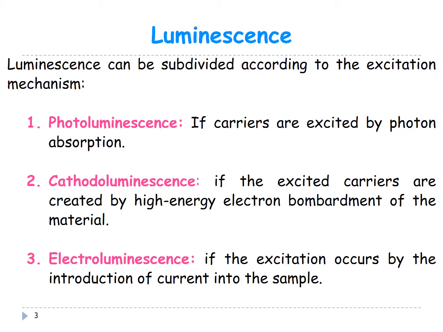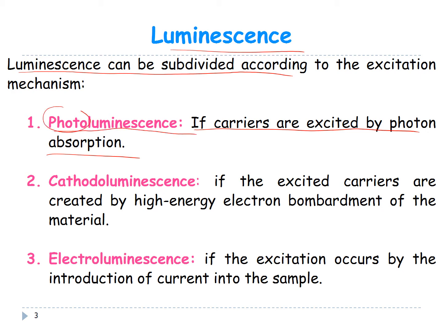Now, luminescence can be subdivided according to the excitation mechanism. If carriers are excited by photon absorption, the luminescence is called photoluminescence. Remember that photo means light. If the excited carriers are created by high energy electron bombardment of the material, then we call the luminescence cathodoluminescence.